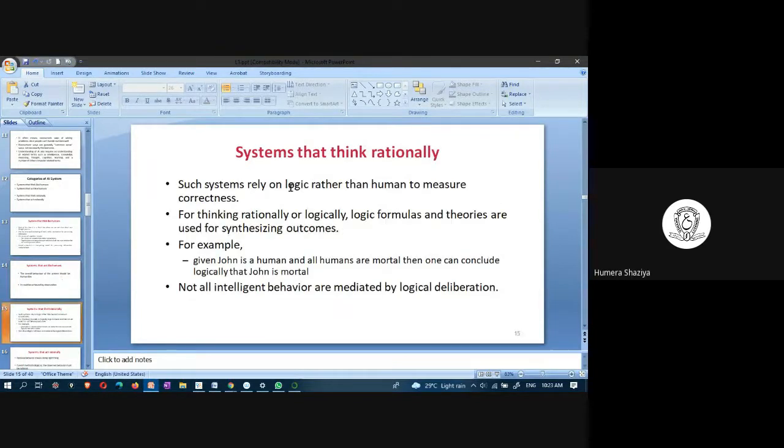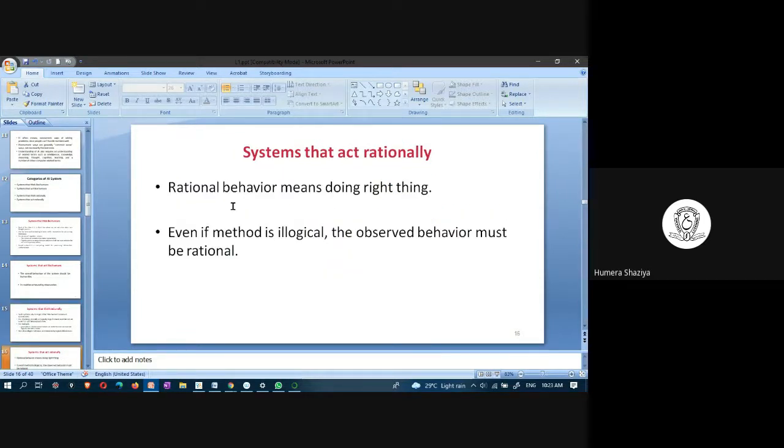Think rationally, using logic, using formulas, using theories, and not based on emotions and sentiments. Rational thinking is based on logic, and acting rationally means right behavior, doing the right things. Humans don't act rationally every time, but they possess that quality.